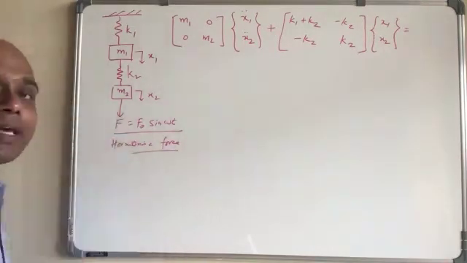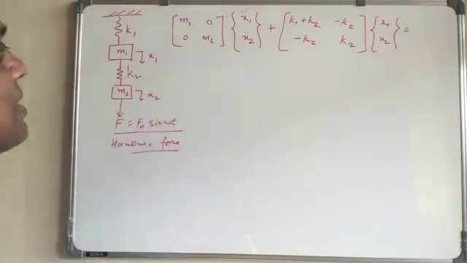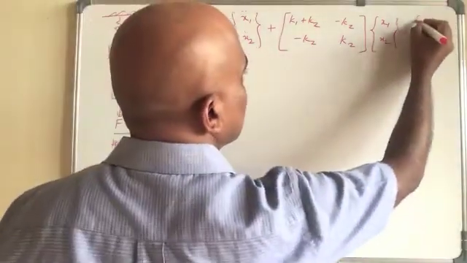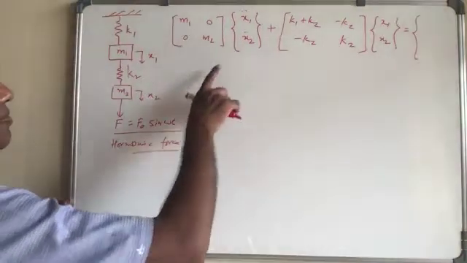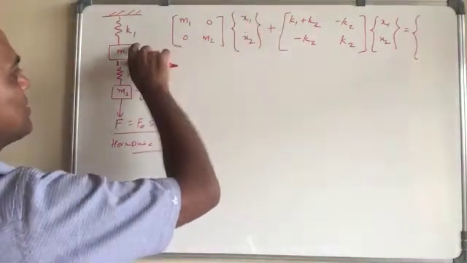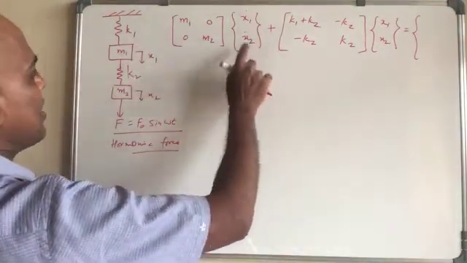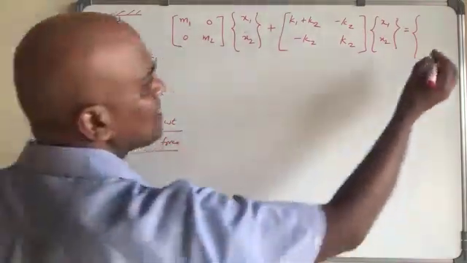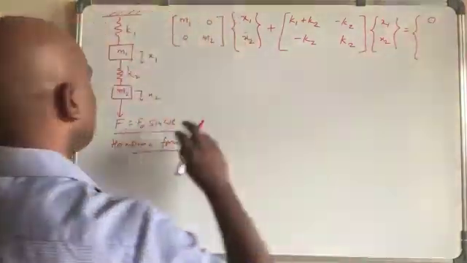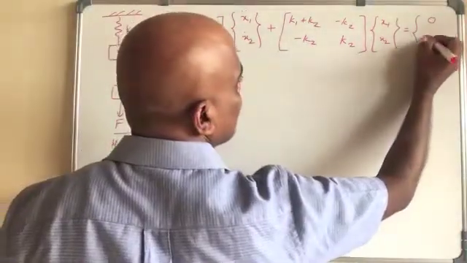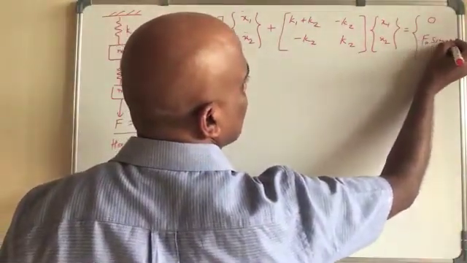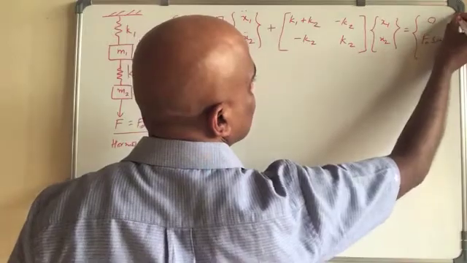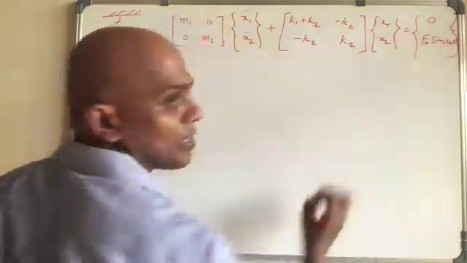So if F equal to F0 sine omega t is given, then this is degree of freedom 1, this is 2, and the force is applied to degree of freedom 2, hence the value will be 0 here, and here it will be F0 sine omega t. So this will be the equation.